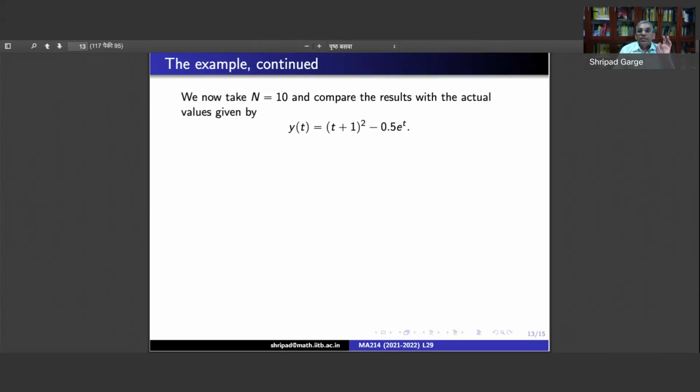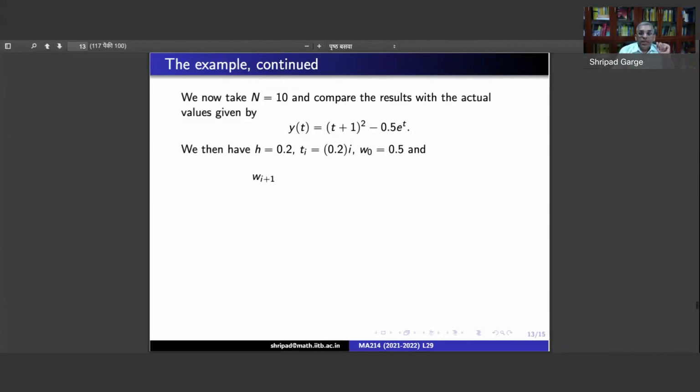Okay, so h is 0.2 because our interval is from 0 to 2, so it is 2 upon 10, that's 0.2. Ti is going to be 0.2 I. Remember, those are equally spaced nodes. And we have W naught, which is 0.5, the original initial value. Then Wi plus 1 is Wi plus h times Wi minus Ti square plus 1, which is the function involved in the differential equation, the initial value problem.